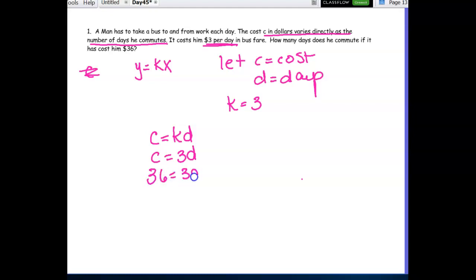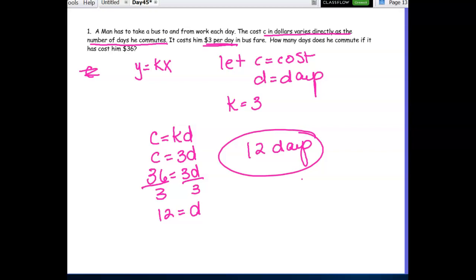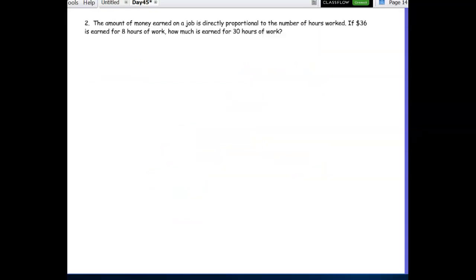So how many days is that? All we have to do is divide by 3, and we're just going to get the 12 days. So 36 divided by 3 is 12. So 12 is D, so we have 12 days. Okay, this one was a little bit different, okay, because we were given the K. Usually we're going to have to calculate the K, or the constant of proportionality.